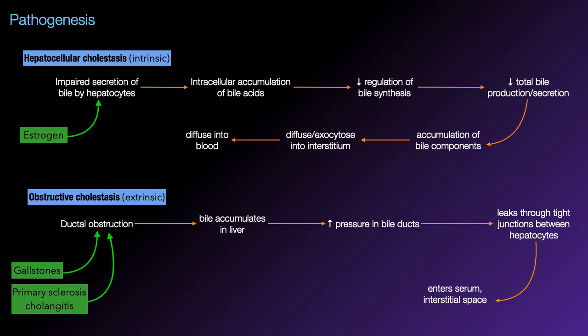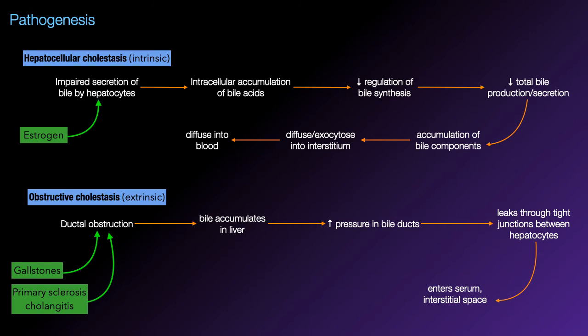It could be a gallstone that came from the gallbladder, or it could be from a disease called primary sclerosing cholangitis, where the body's immune system attacks the bile ducts and causes inflammation and scar tissue buildup, which in turn can make it more difficult for the bile to flow through them.